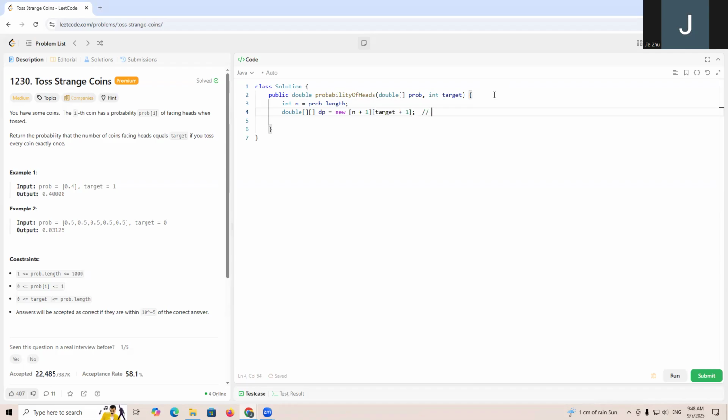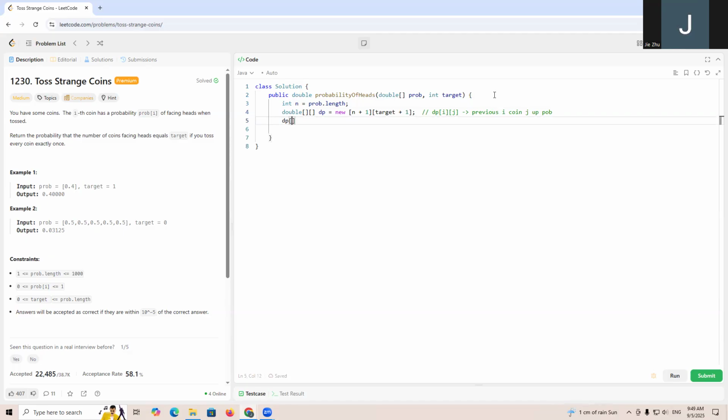So dp[i][j] means the previous i coins and the probability of j facing up.